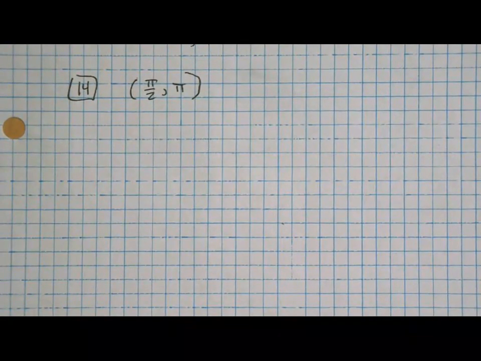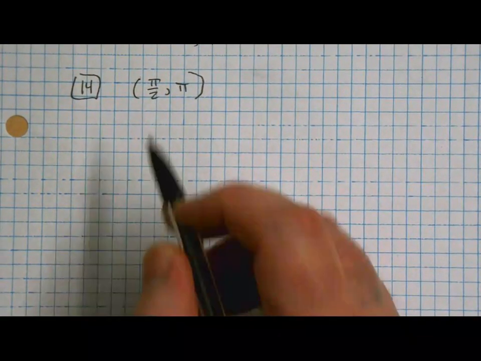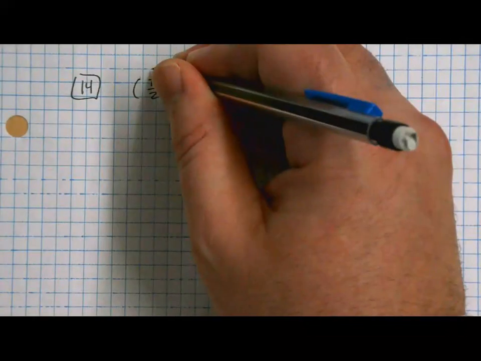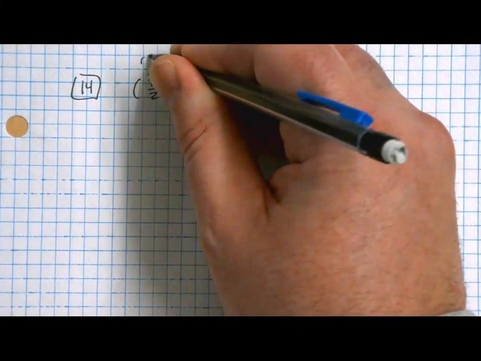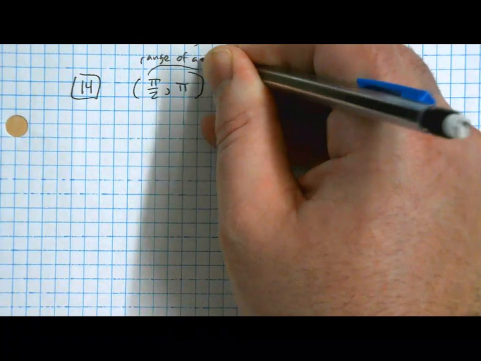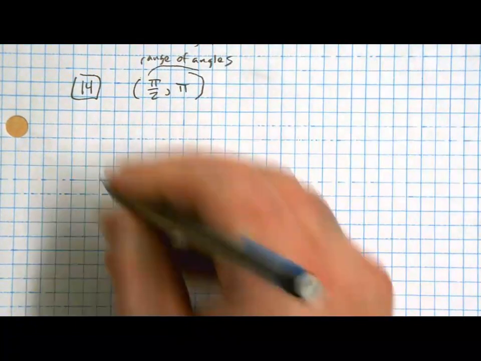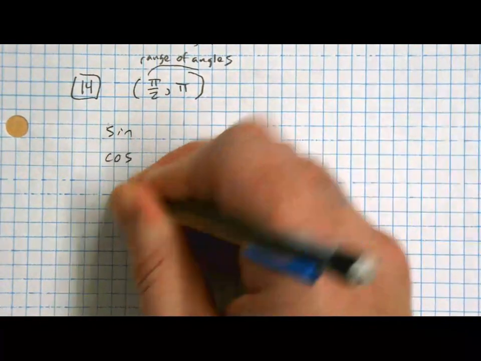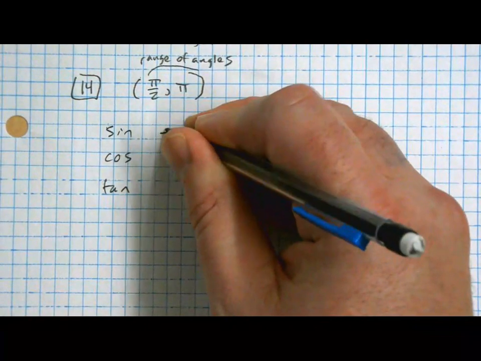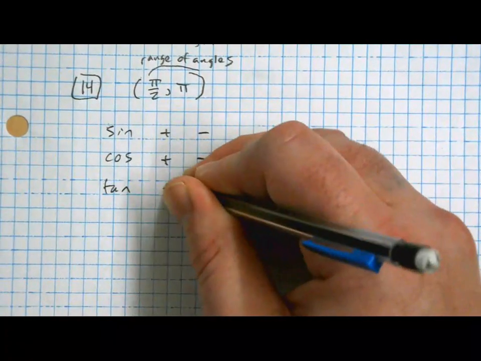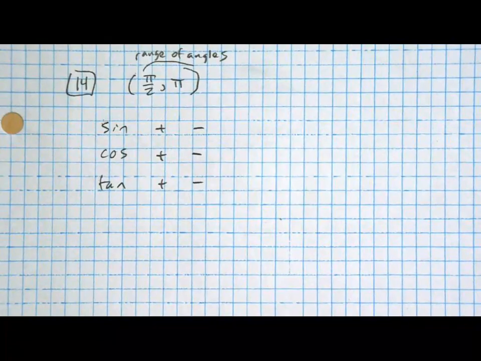And they want you to know for angles between pi over 2 and pi, so this is a range of angles, are sine, cosine, and tangent positive or negative? That's it.